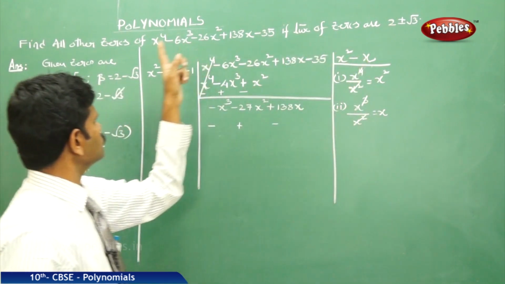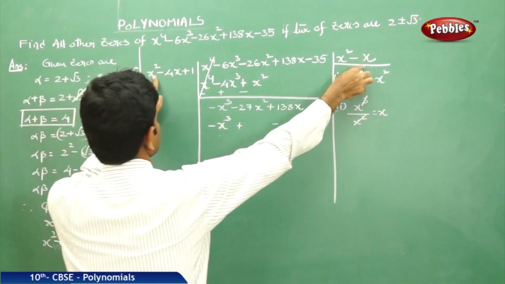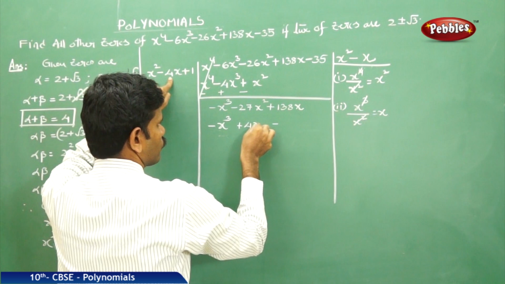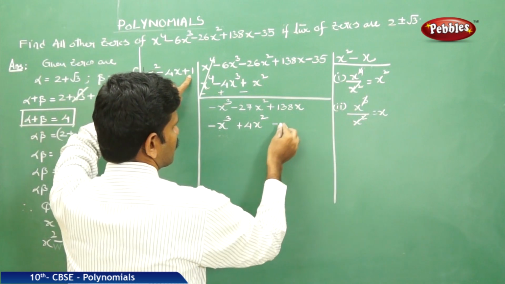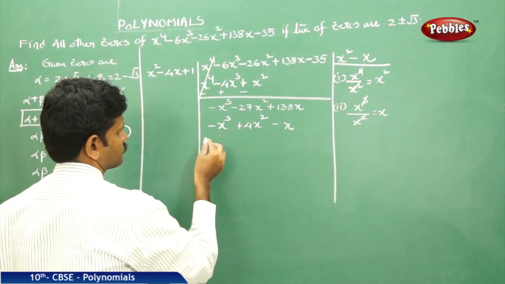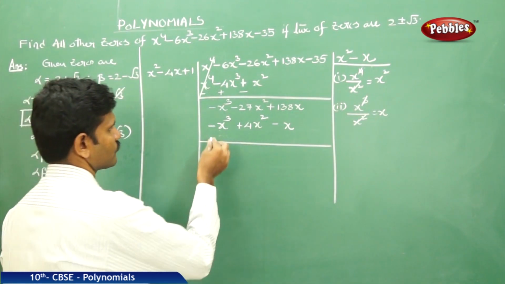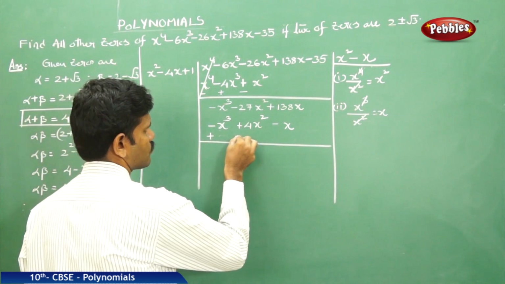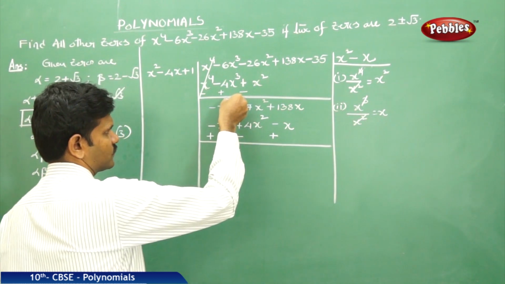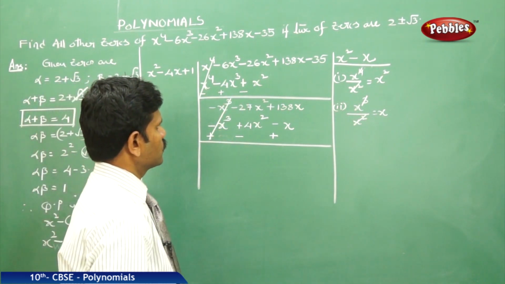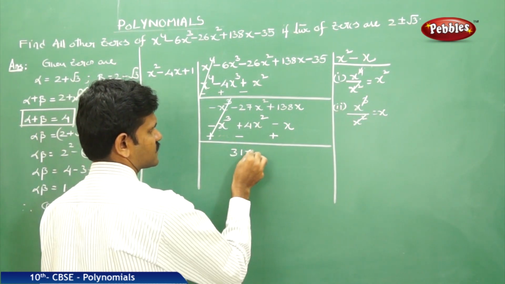Now x into x square, x cube, x into 4x square, x into 1, that is x. Now plus minus plus, that is cancel. 27 minus 4, 31x square.